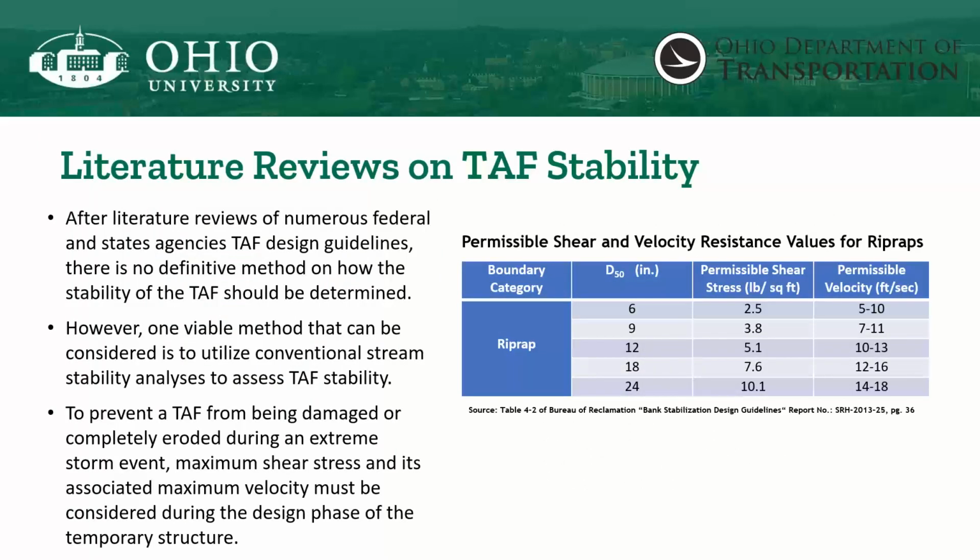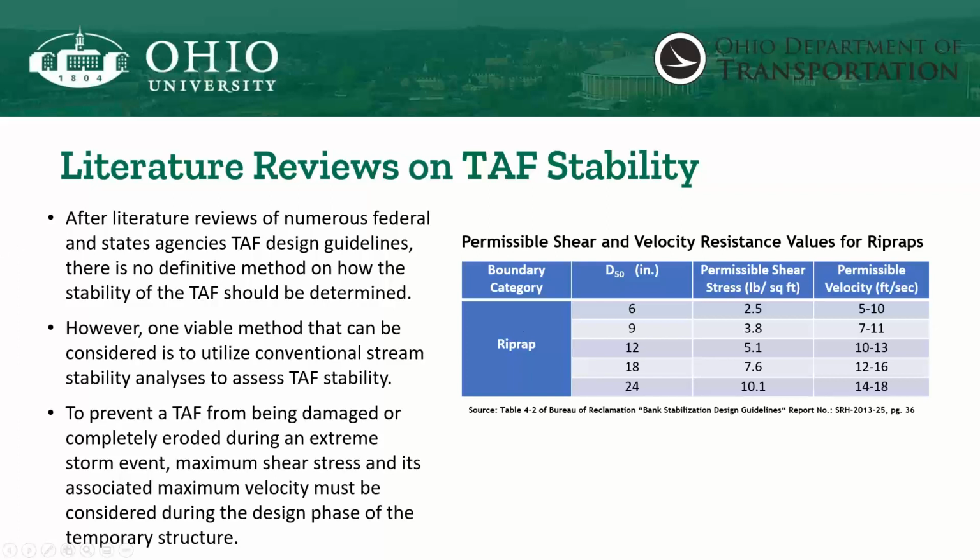Okay, third, we want to take a look at TAF stability and what other agencies are using. After a literature review of numerous federal and state agencies' TAF design guidelines, there are no definitive methods on how the stability of these structures should be determined. If I remember correctly, Dave or Cameron, you can confirm that with me.